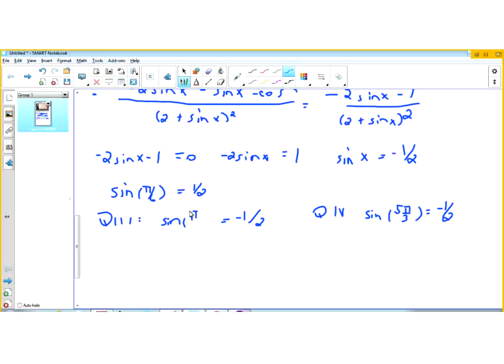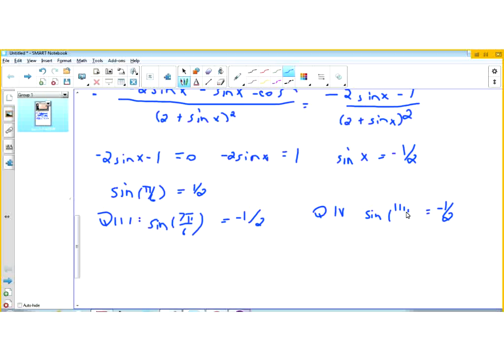So in quadrant 3, that would be 7 pi over 6, the sine of 7 pi over 6. And in quadrant 4, that would be 11 pi over 6. Oh, shoot. Sorry about that.